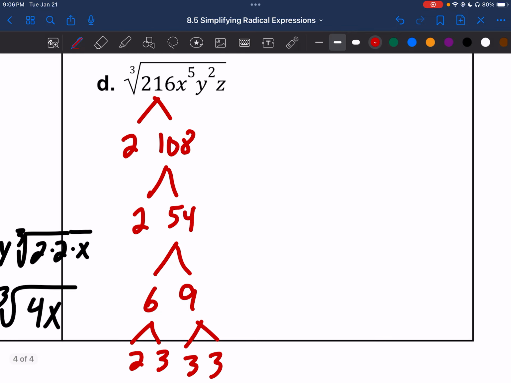And then we've got x to the 5th was x times x times x times x times x. Y squared is y times y, and z is just z.